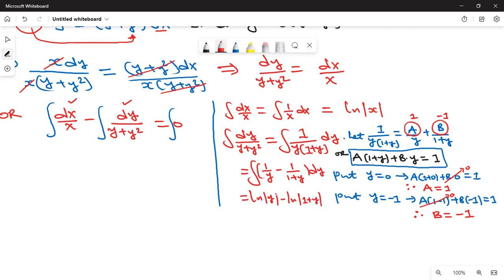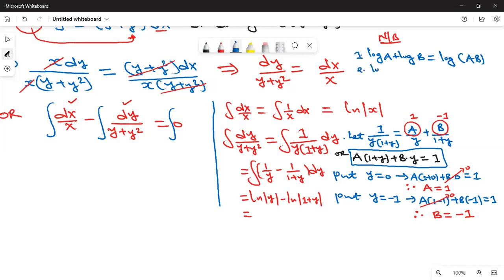That's what you get on the left-hand side, the second term. And you see, you can combine these two natural logs using the laws of logarithms. Let me write for you the laws of logarithms. Take note that when we talk of log A plus log B, this can always be written as log of A times B. That's the first law.